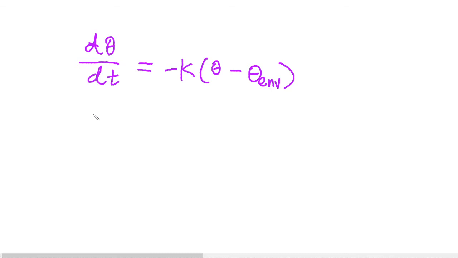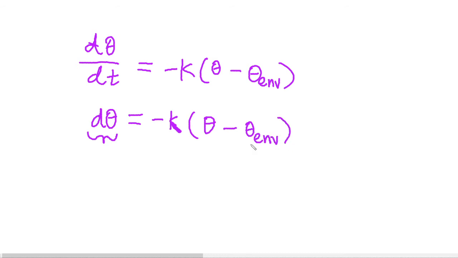And multiplying both sides by the infinitesimal change in time dt, we get d theta, the infinitesimal change in the temperature, is equal to minus k times, where k is some positive constant, times the temperature itself minus the temperature of the environment, so the difference in the temperatures of the body and its environment, multiplied by the infinitesimal change in time.